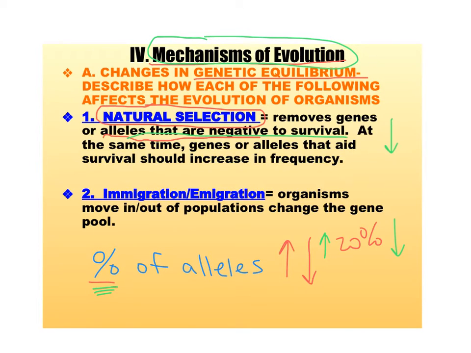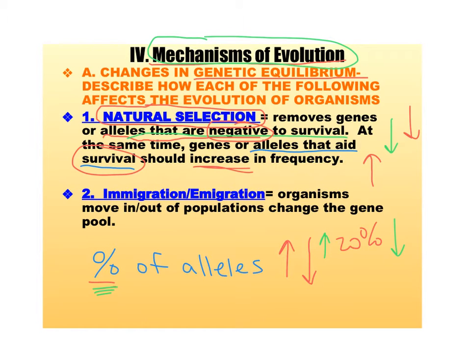And at the same time, alleles that aid survival, which makes it more likely that you're going to survive, should increase in frequency. So their percentage should go up if they are good for survival and reproducing. If they're negative to survival, those alleles should go down.